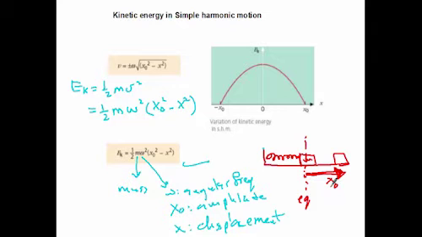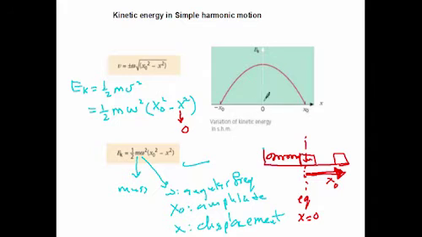Now, at x equal to 0 here, at the equilibrium point, if we substitute x equal to 0, you will get half m omega square x naught square, which will be the maximum value for the kinetic energy.